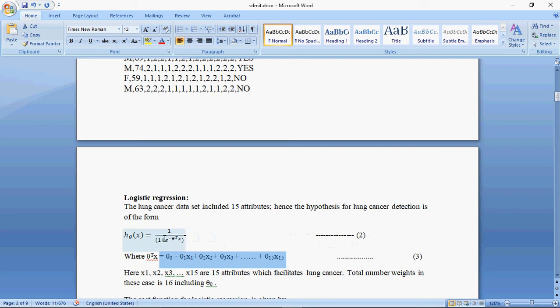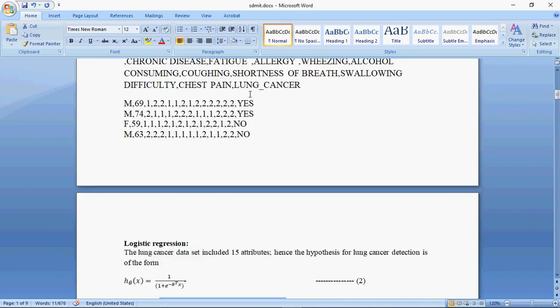So that is where you get this answer, because you call this a hypothesis. This is your output. For a classification problem, if it's binary classification, it's true or false. True is 1 and false is 0. We can represent it with 1 or 0. 1 means the person has lung cancer, 0 implies he does not have lung cancer.